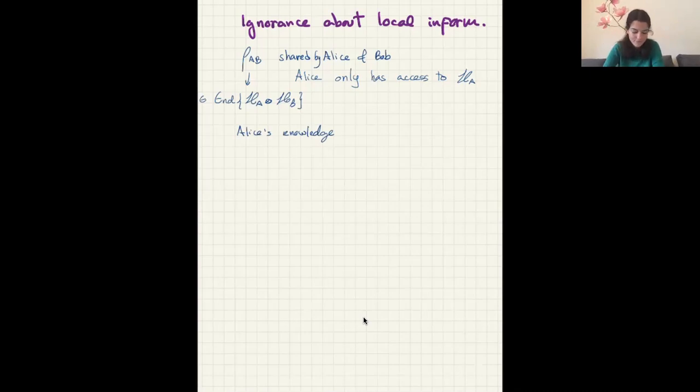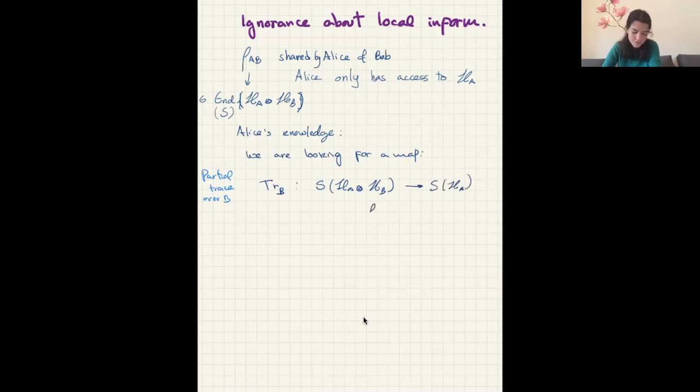So what does she know? We're looking for a map which we call the partial trace, which will go from the states on HA tensor HB, so this should be normal brackets, to just the states on HA.